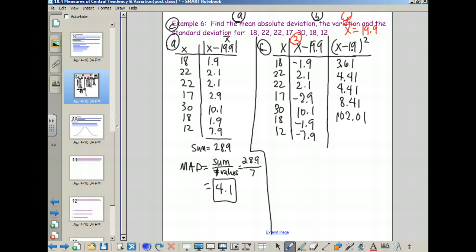Okay, 1.9 I already did. That was 3.61. How about 7.9 squared? 62.41. Okay, so that was step 3.